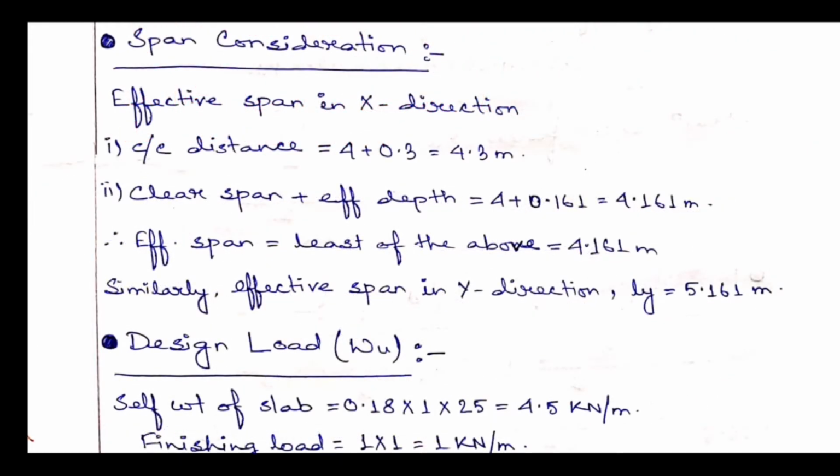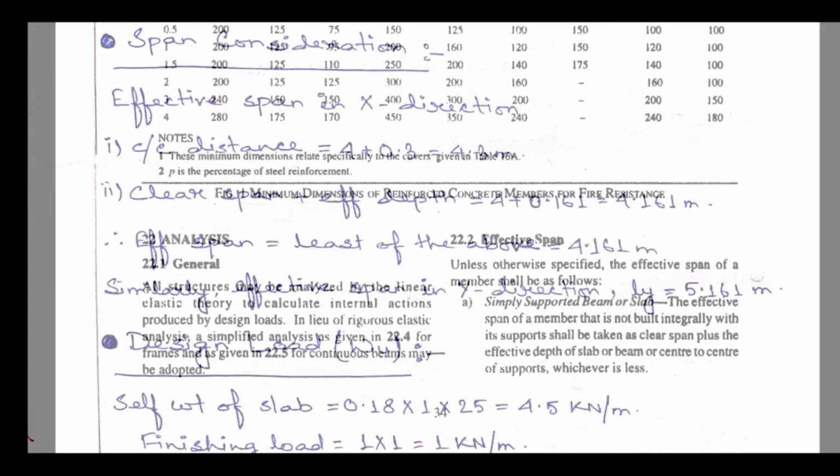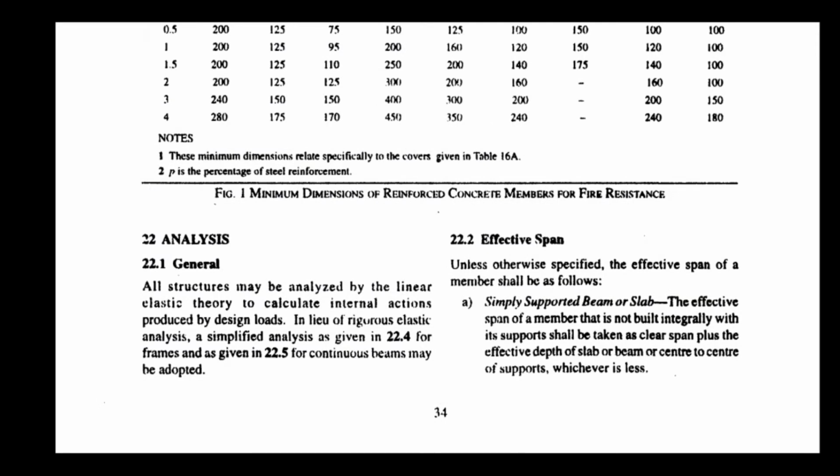Next step is span consideration. As two spans of the two-way slab are in consideration, we have to find out the effective span in x direction as well as in y direction. We have to consider effective span as per clause number 22.2 of IS 456-2000.